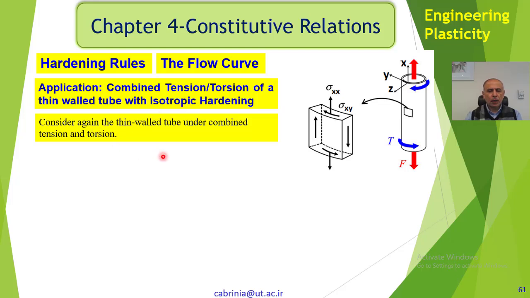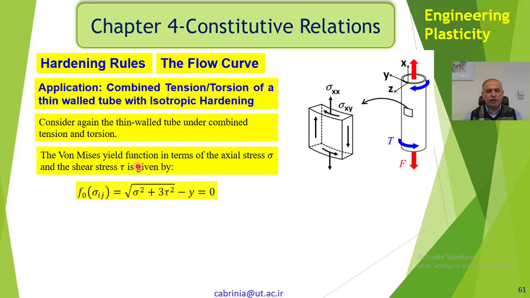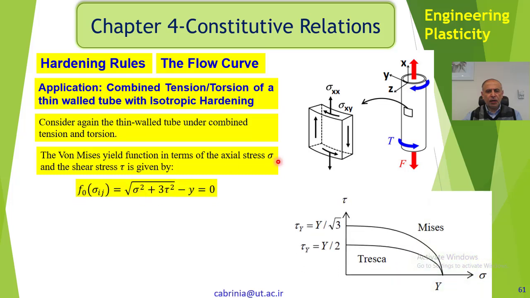So, the von Mises yield function in terms of the axial stress and shear stress, we obtained before. It's like this: F(sigma ij) equals the square root of sigma squared plus 3 tau squared, minus Y, equal to 0. Now this is the yield criterion for Tresca and Mises. Here we are going to take the Mises.